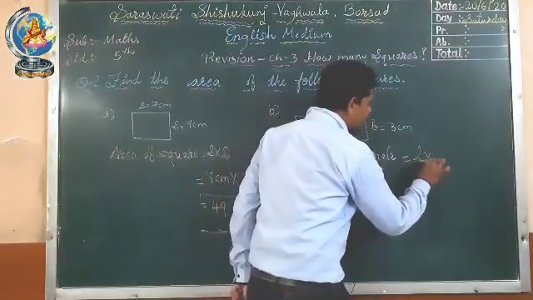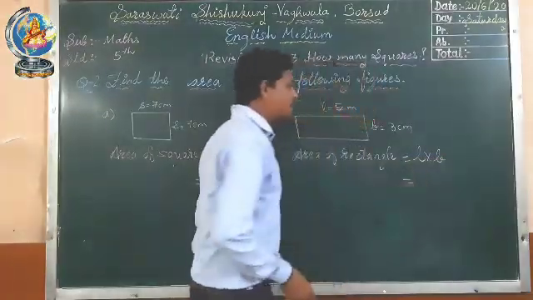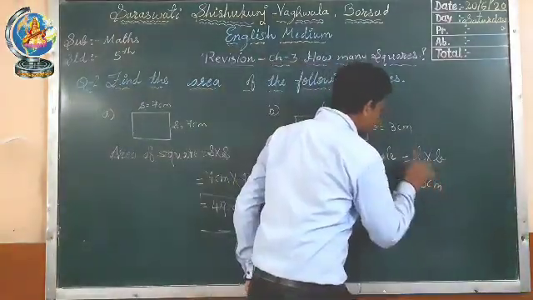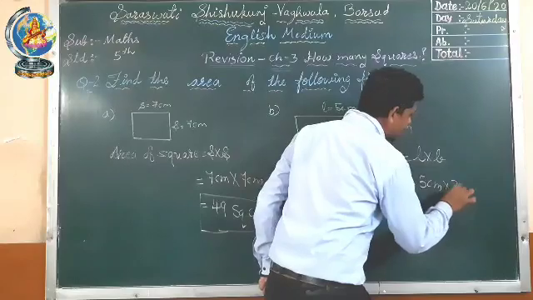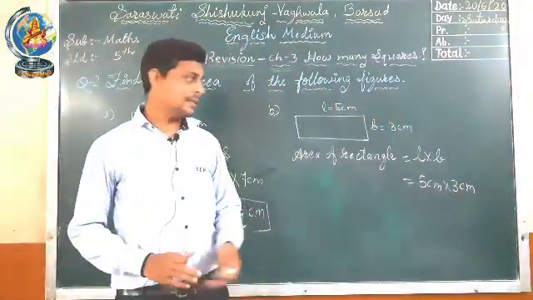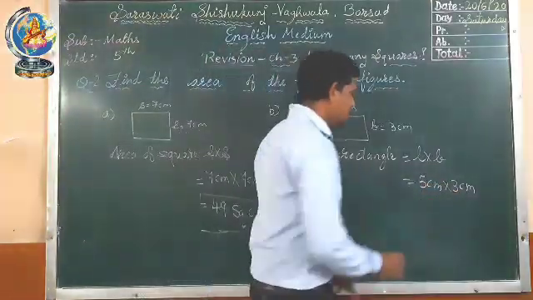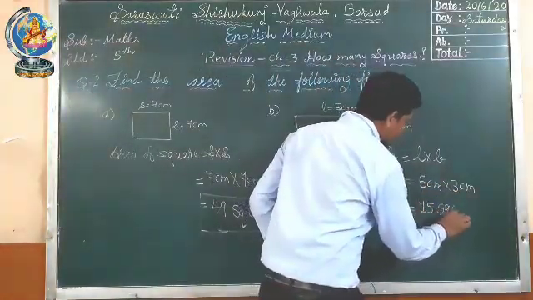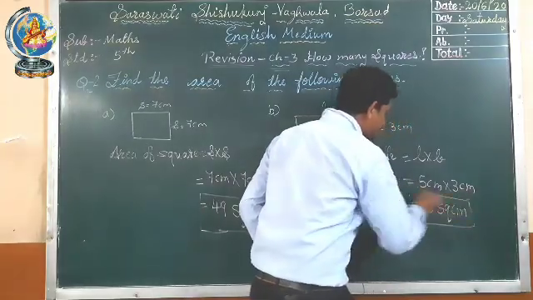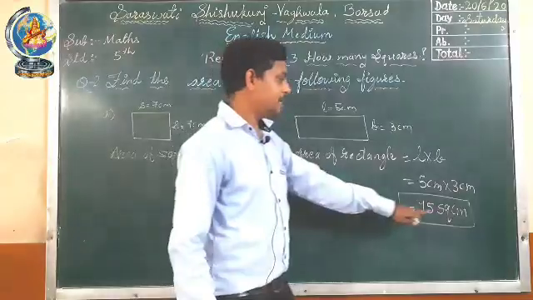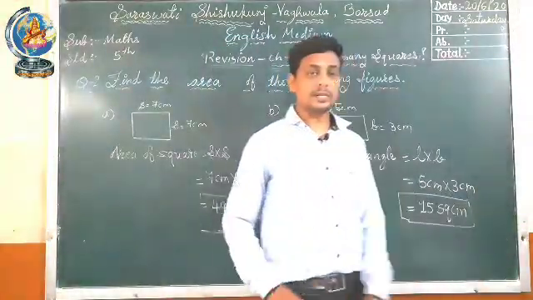So L into B. What is L? 5 centimeter and B is equal to 3 centimeter. So 5 multiplied by 3, how much? 5 3s are 15 square centimeter. So we get the area of the rectangle as 15 square centimeter.